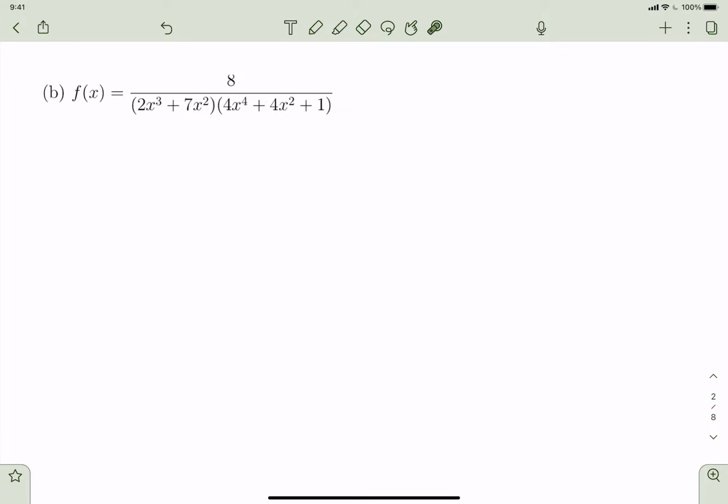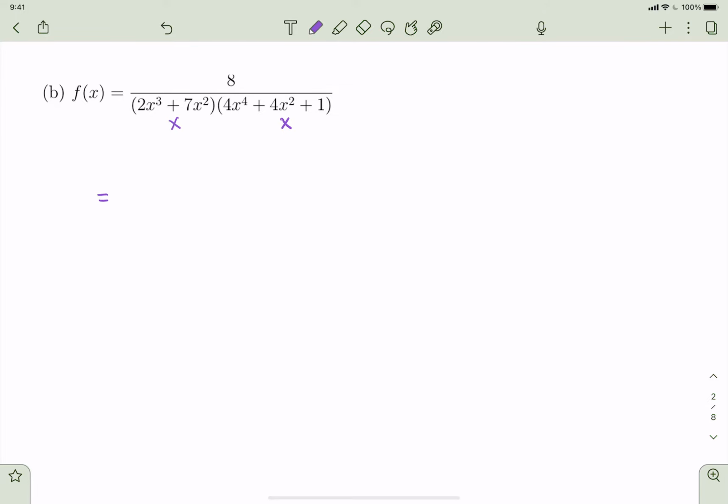Secondly, we're going to check each factor, make sure that they're irreducible. This one is not irreducible because you can factor out the x squared. And the second one here is not irreducible because it's a perfect square, right? So let me write them down here.